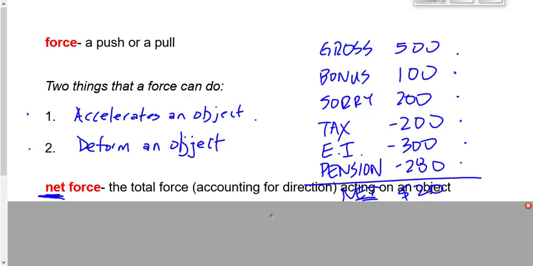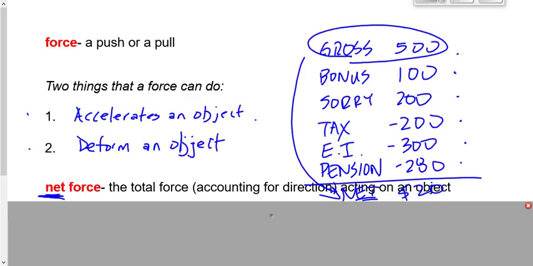So we call that my net salary because it's my total salary, which is ironic because this number up here that's actually called your gross salary, this is what should be called your gross salary. This is what should be gross when you see what you have left after they take off all this money for taxes and so on. But that's not what it's called. Your net is the total after you add everything together, including the positives and the negatives.